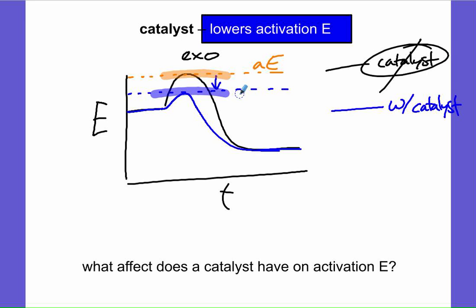The answer is that it lowers activation energy. It makes it easier for that reaction to start. So just make sure we drew that picture here to try to understand that, and put that also in words. That catalyst is going to lower the activation energy so it's easier for you to start the reaction. It doesn't take as much energy to get that reaction going.